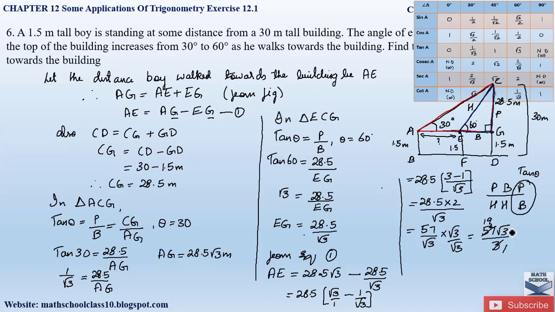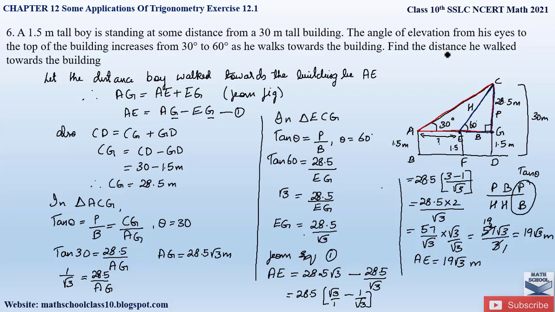So we get 19 root 3 as the answer. 19 root 3 meter, which is the distance AE. So AE is equal to 19 root 3 meter, or you can write the distance he walked towards the building is 19 root 3 meter. Therefore the distance he walked towards the building is 19 root 3 meter.